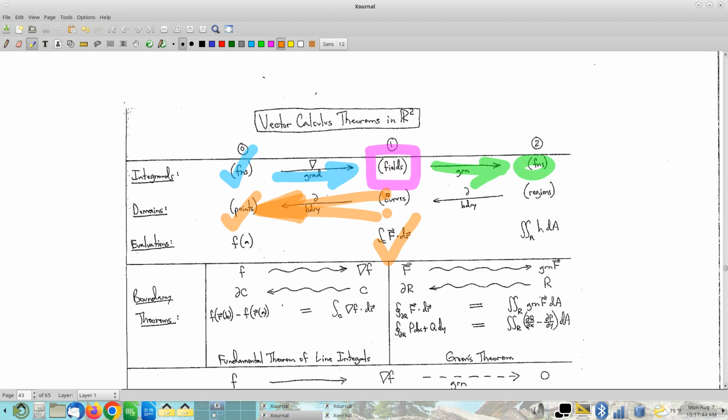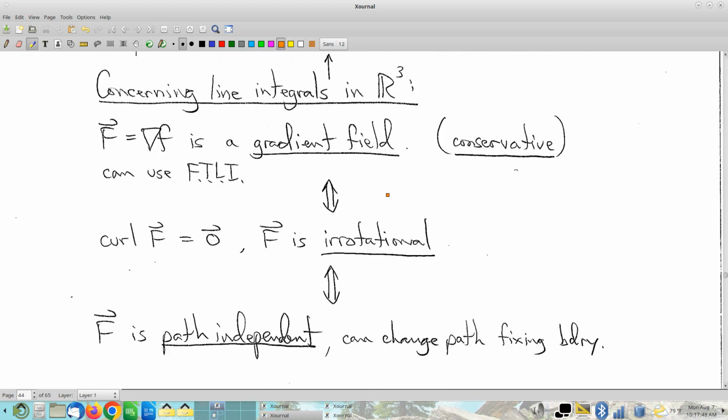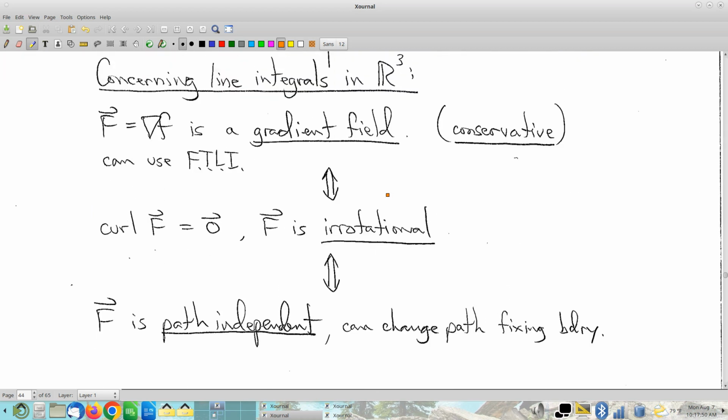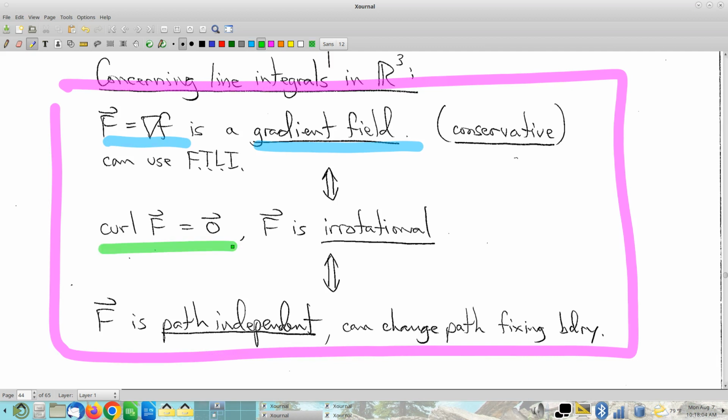Now, let's talk about R3. And again, we have special vector fields. Our special vector fields here are the gradient fields. We also know that gradients are the ones where the curl is equal to 0.